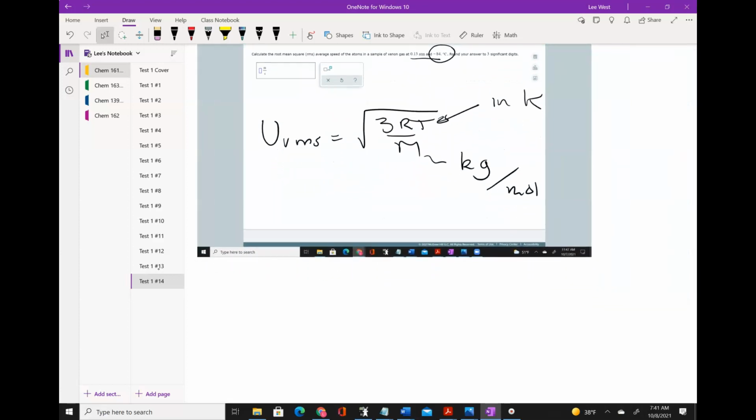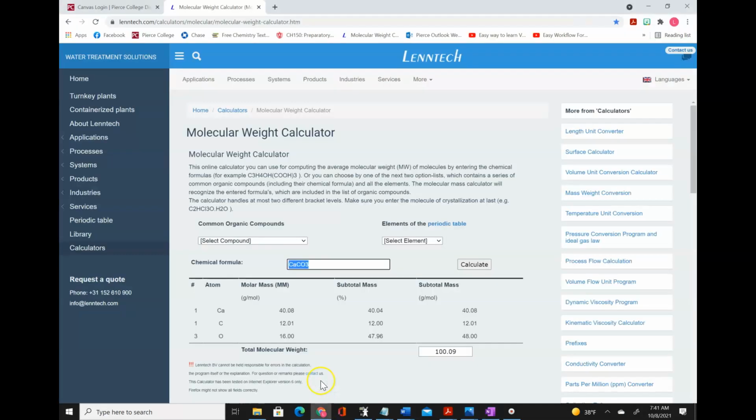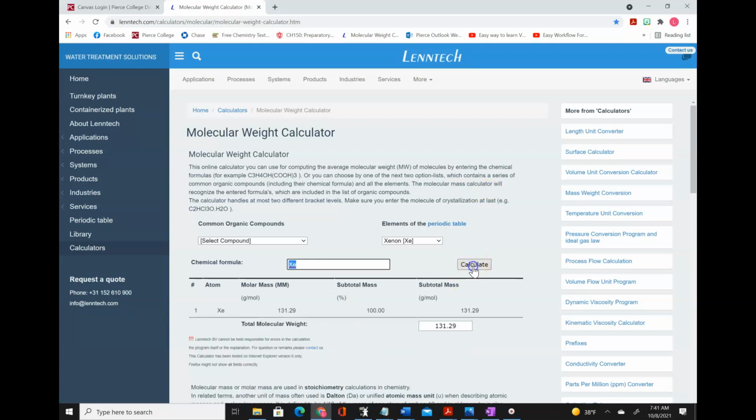So let's go ahead and get the molar mass of xenon in kilograms. I'm just going to look that up. I've got my handy dandy molecular weight calculator, which I can use to quickly find the mass of an element. Just put that in and hit calculate.